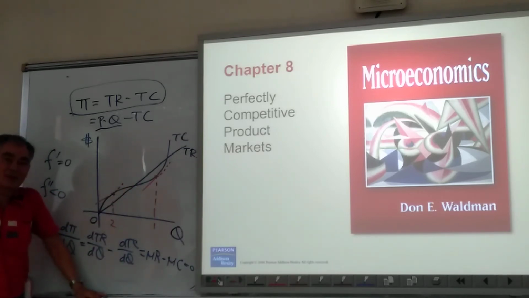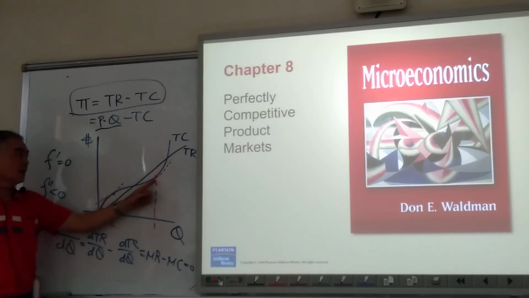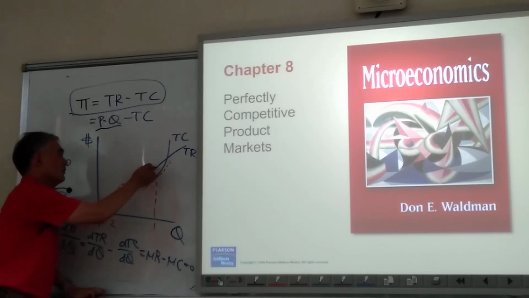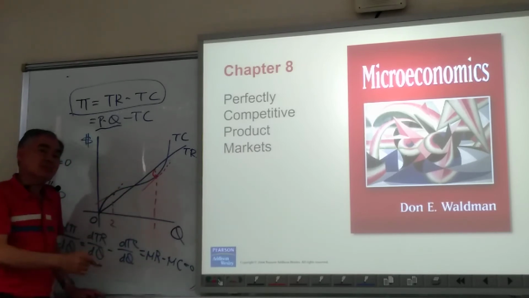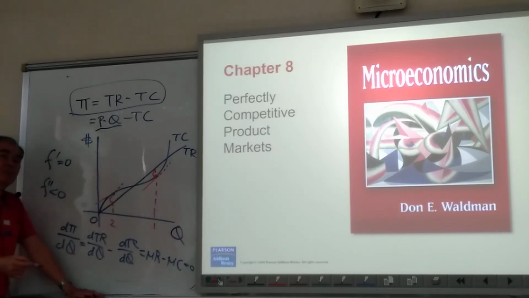Wake up a little bit. So here is total cost, and here is the revenue part. Here revenue is higher than the cost, so at this point you get profit. And what about here? What do you get? Loss. You get loss.